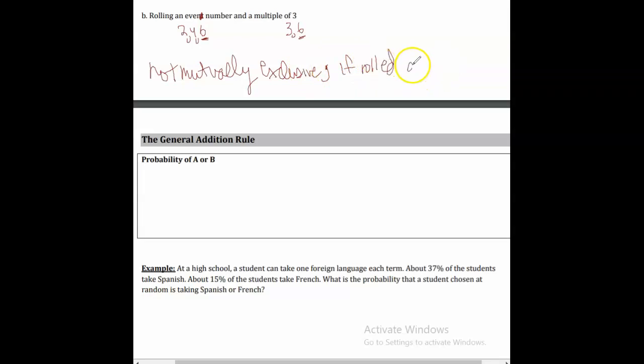If I rolled a 6, I would have an even number and a multiple of 3 at the same time.